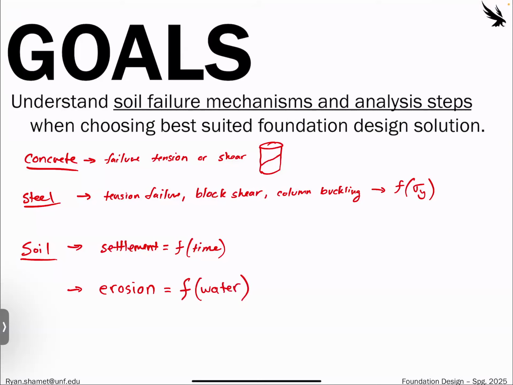Yes, steel can corrode and concrete can erode as well, from water or weather, but soil erosion failure is pretty common, especially in Florida. Just making sure your downspout is in the right spot and you're not undercutting your foundation is a huge thing, and very often overlooked. That's a function of water. Other types of things, like sinkhole, kind of along the same line, would be a collapse.